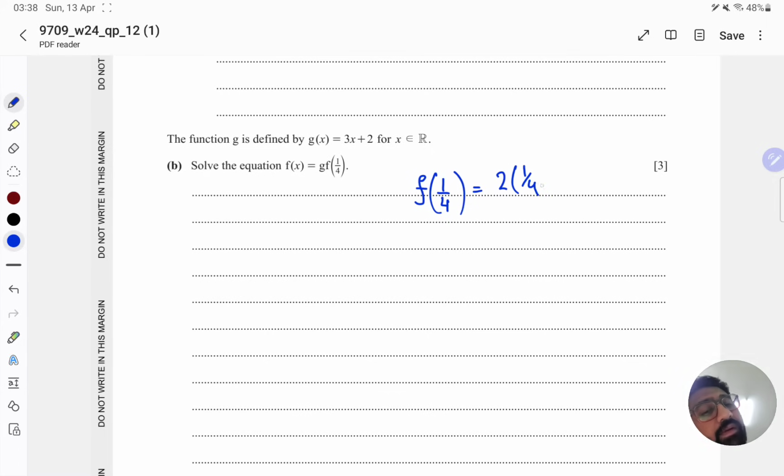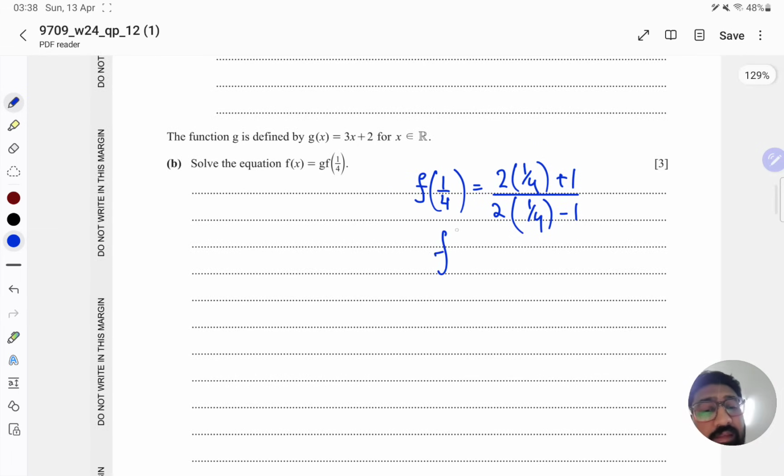So 2 times 1 by 4 plus 1 divided by 2 times (1 by 4 minus 1). So the answer for f of 1 by 4 is minus 3.